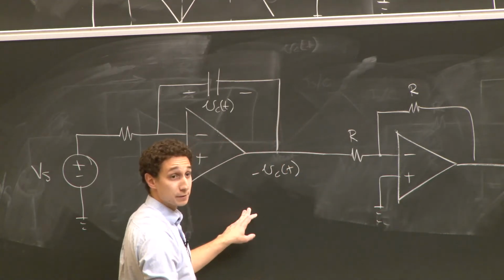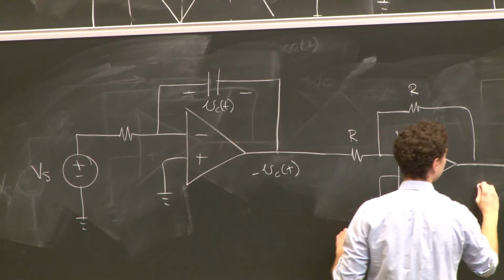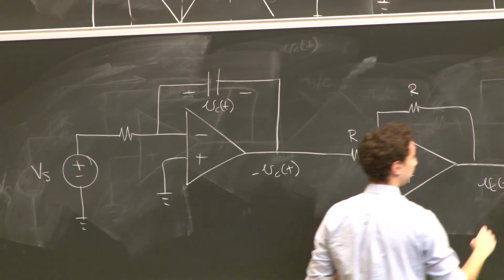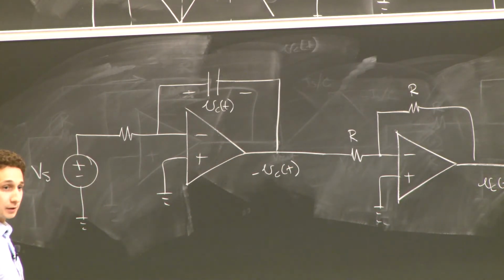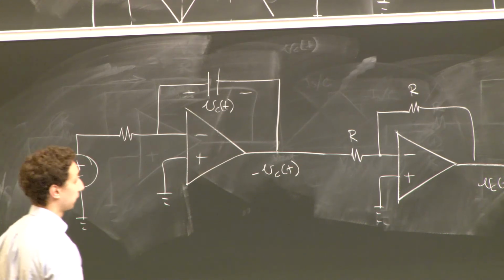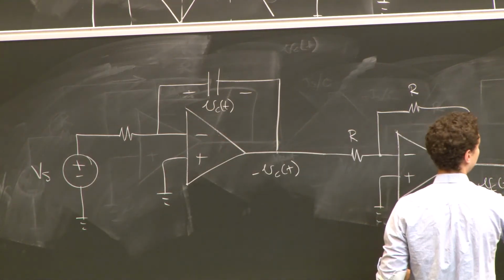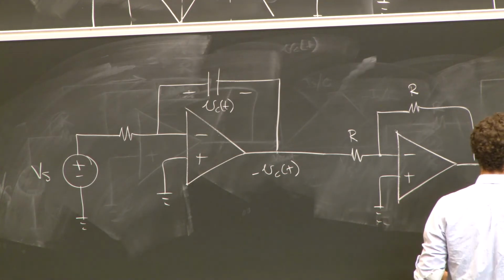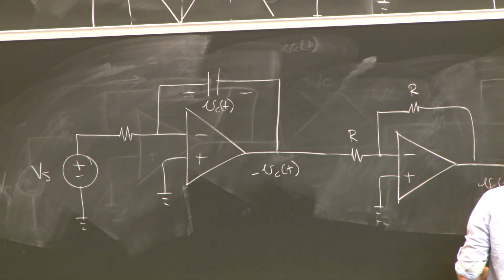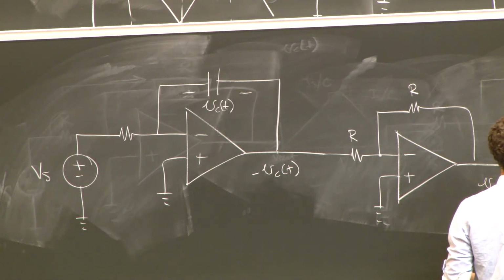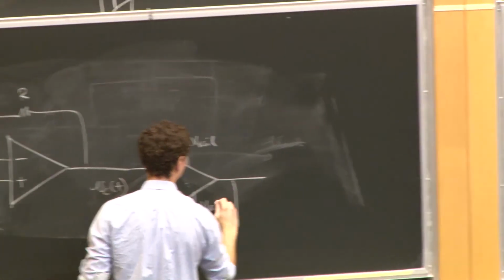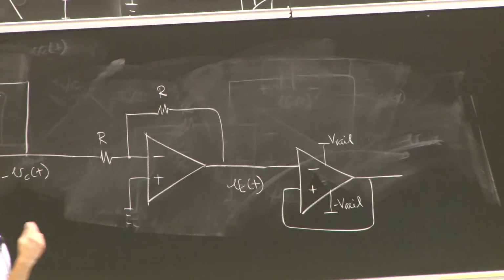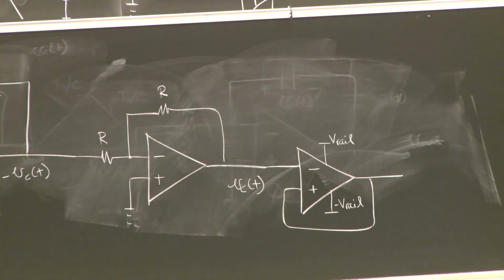Which means that the output of this inverting amplifier is just going to be equal to Vc of t. Now what we can do is plug this into our positive feedback circuit. Plus V rail, minus V rail. And now what can we do with that?